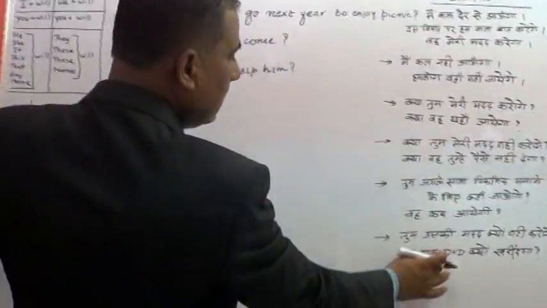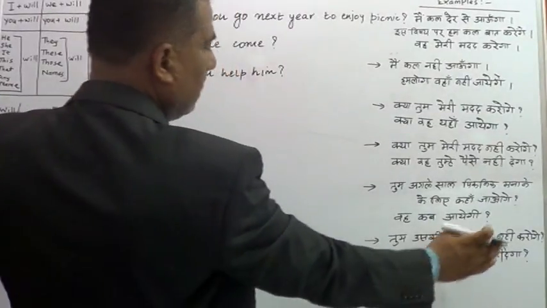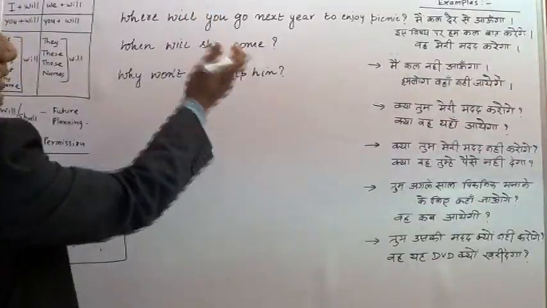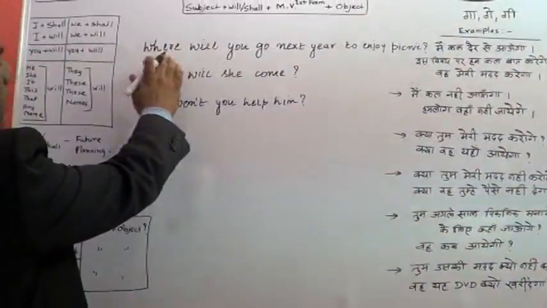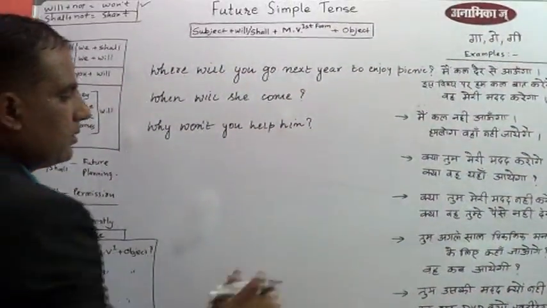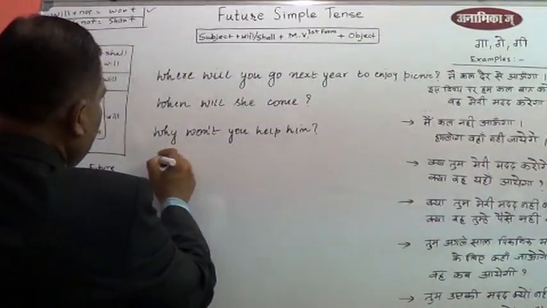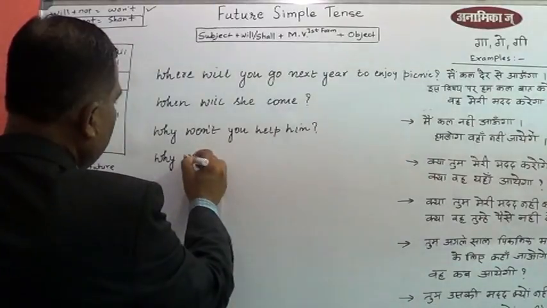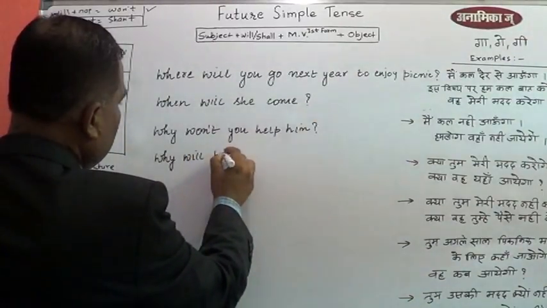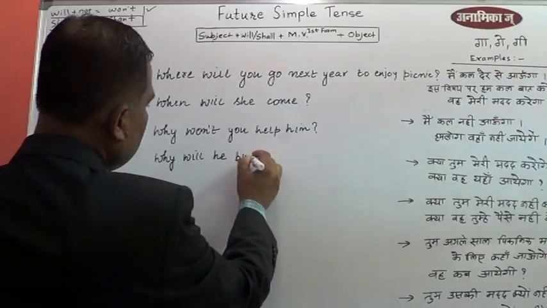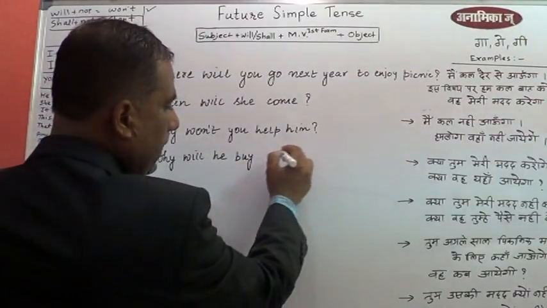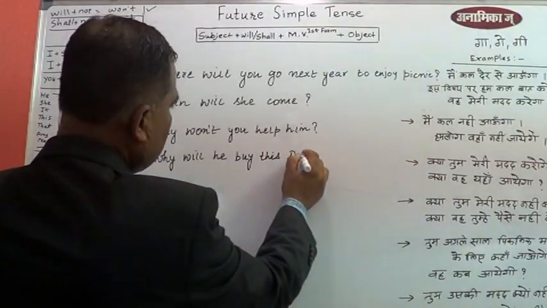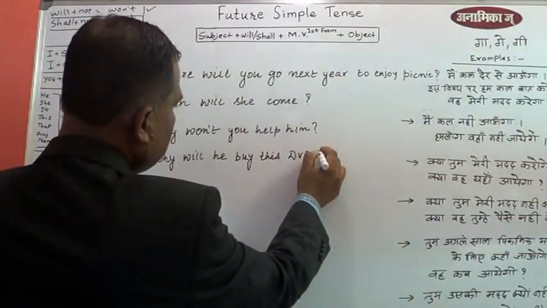Similarly, वह यह DVD क्यों खरीदेगा? Now here we don't have any negative word, so this will follow the same structure that we had used in the first sentence. Why will he buy this DVD?